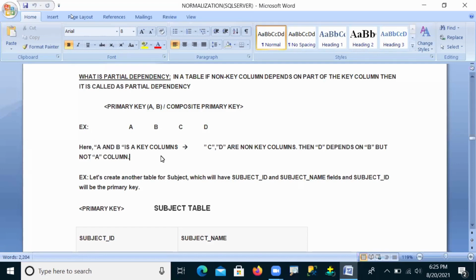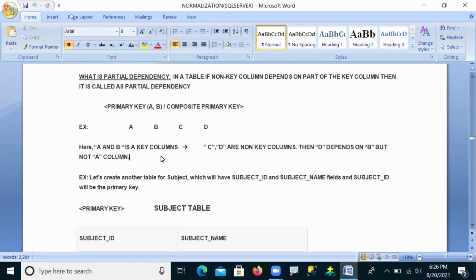Okay? So what we said here, guys, fully dependency means children depend on mother and father. When we depend on both of them, then it is called a fully dependency.